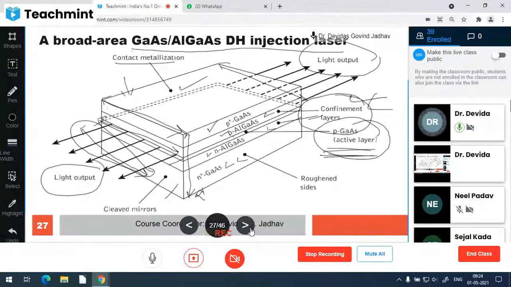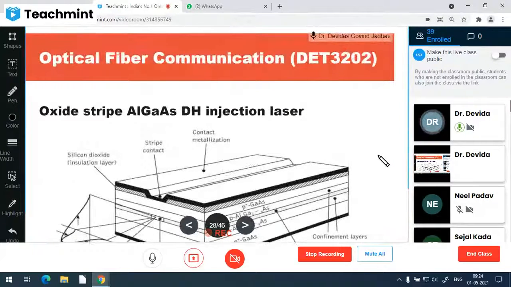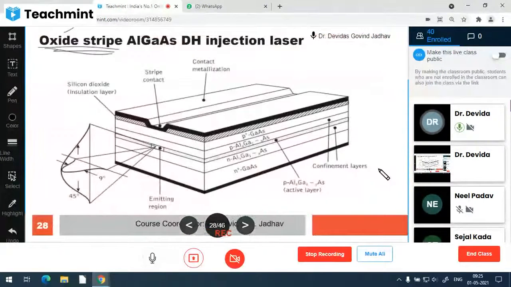This is the basic figure. So what is the modification made in the construction? In the construction, the strip geometry is used. Oxide strip is used. It is called strip geometry. So one oxide strip is created, a very small channelized strip. So this is called oxide strip.